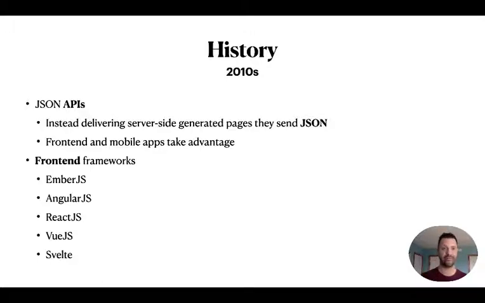So then the front-end frameworks like Ember.js, Angular, React, Vue.js, Svelte consume and use the JSON, make it look pretty and interactive, which is cool. Another thing that took advantage of JSON APIs are mobile apps. So iOS apps, Android apps, etc. They also consume JSON and use it in their apps as well.